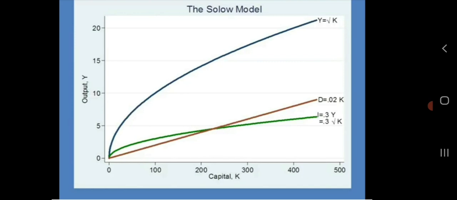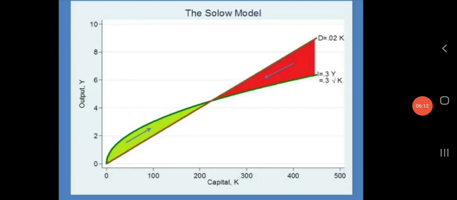So let us look into the investment and depreciation graph much closer. When we look into the depreciation and investment graphs closer, we can see how much capital the firm can actually use. The green portion shows where investment is greater than depreciation, and the red portion shows where depreciation is greater than investment.